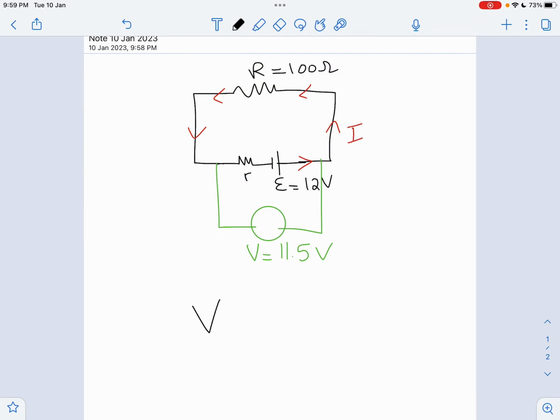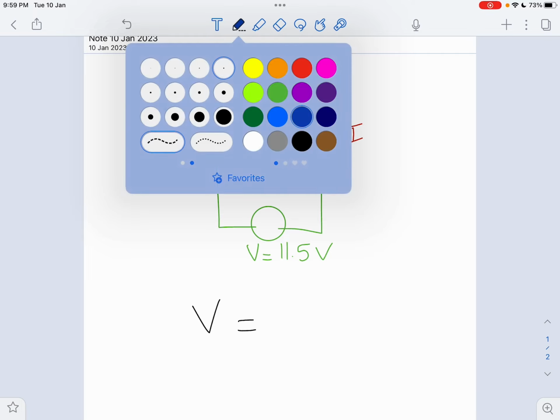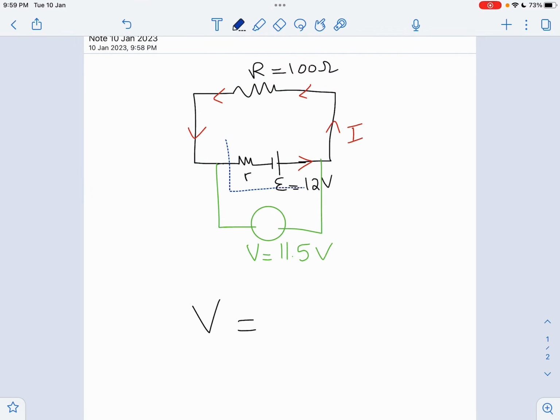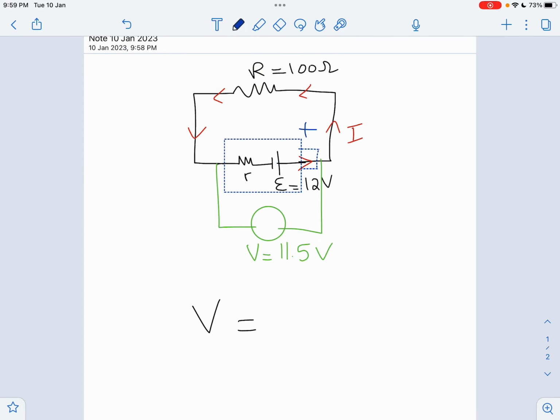The voltage across the battery, so again that's the battery. If you want to imagine it, the battery is from here till here. Here I have the plus, and here is the minus.